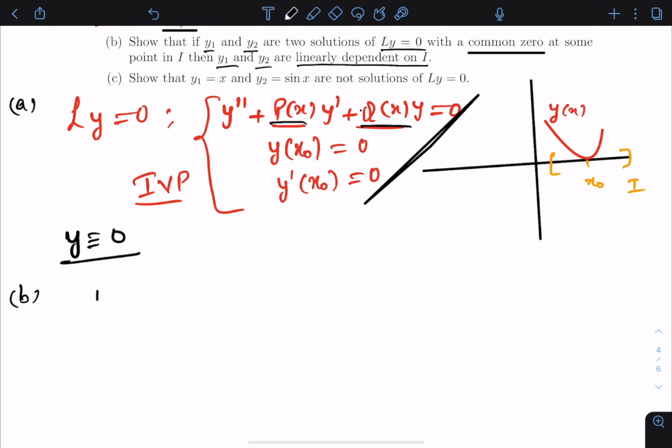What it is saying is that we are given two solutions such that they have a common 0.